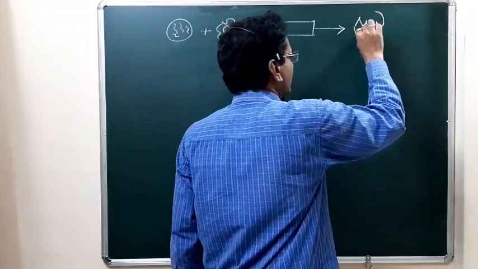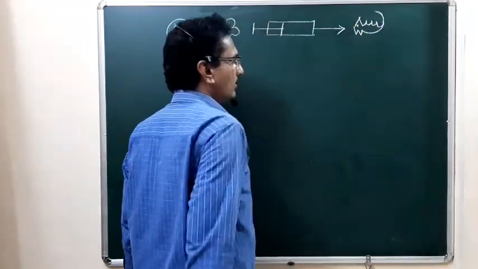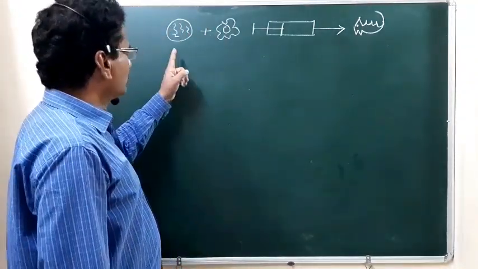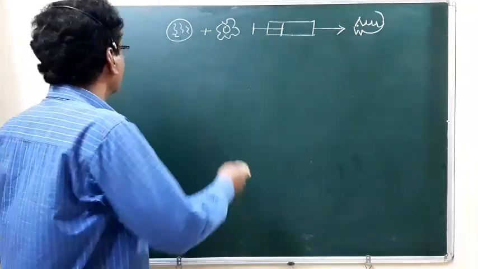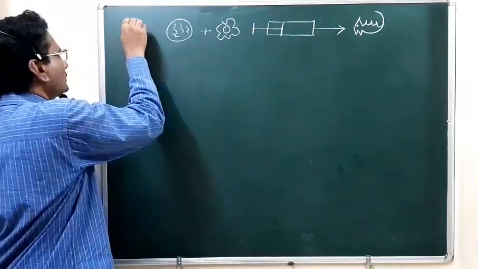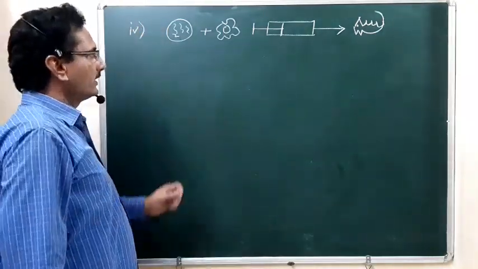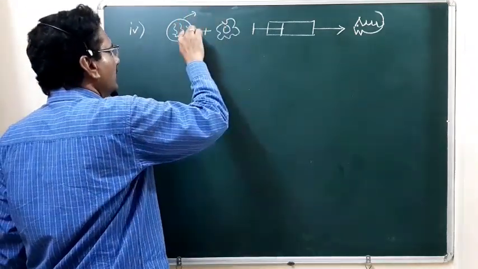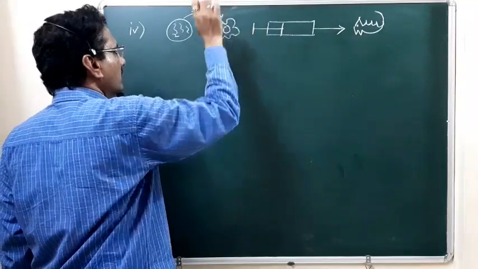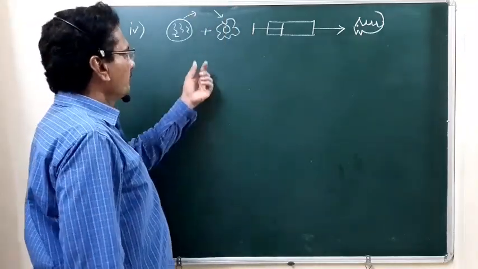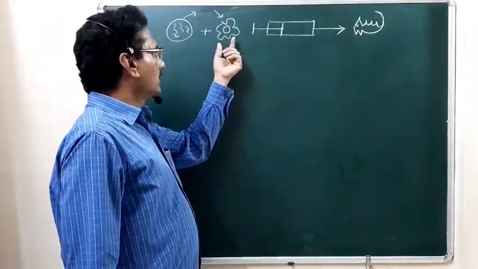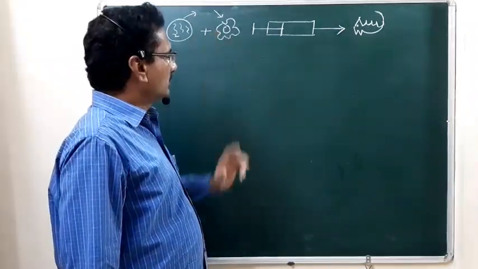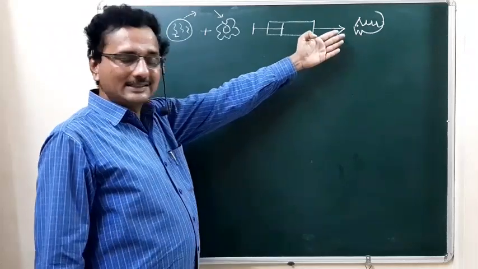On the basis of his fourth step, the scientist Fred Griffith concluded that something is transferred from the heat killed smooth strain to the rough strain, and because of that, the rough strain is converted into smooth strain. So because of that, the mice died.